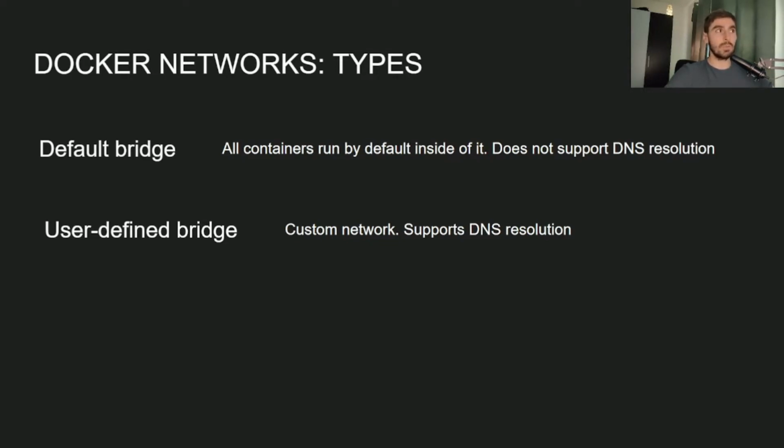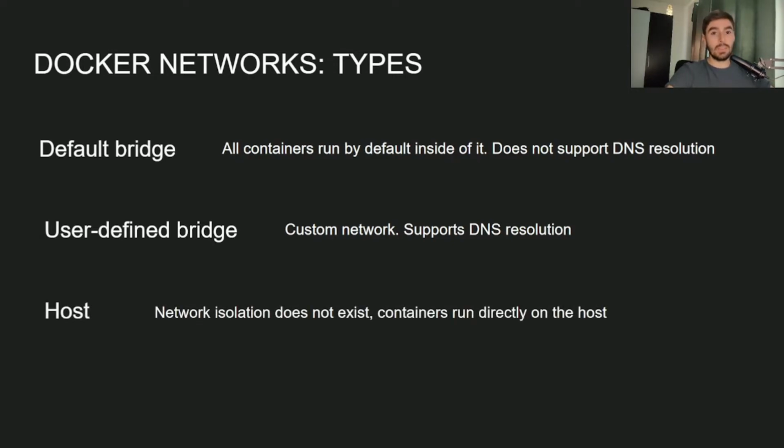And that's possible because we're actually creating a custom network in the Docker Compose, and that's something implicit. I'm not specifically or explicitly saying I want a new network, but Docker Compose does that for you. So it creates a user-defined bridge, and it puts your containers inside of that user-defined bridge, and they can find each other using DNS resolution.